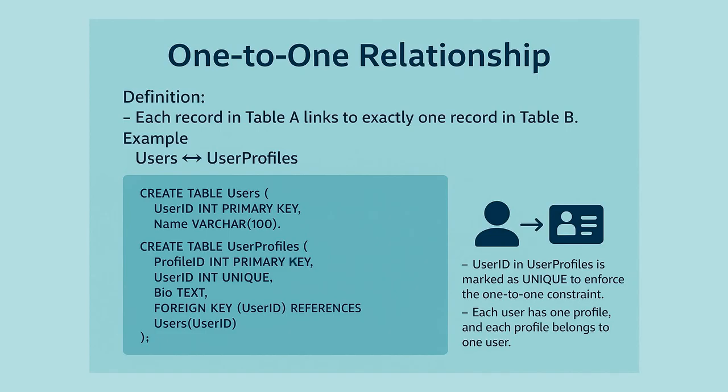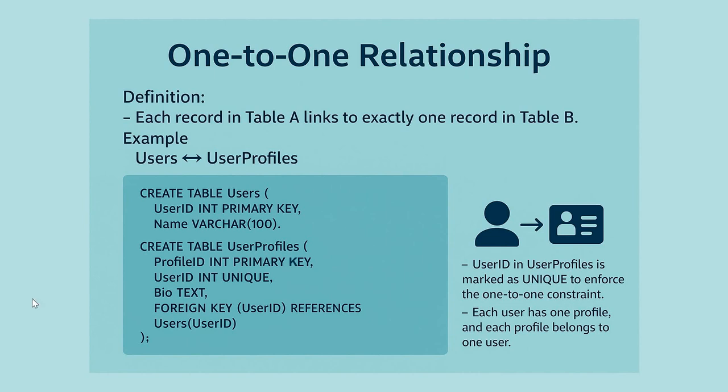And now how to write the one-to-one relationship using SQL. I told you we need two constraints. The first is the foreign key and the second is the unique. For example, here we have users table and user profiles. I told you this is one-to-one. A user can have only one profile. A profile can be related to only one user. So after creating the user table, how to connect it one-to-one with the user profile?